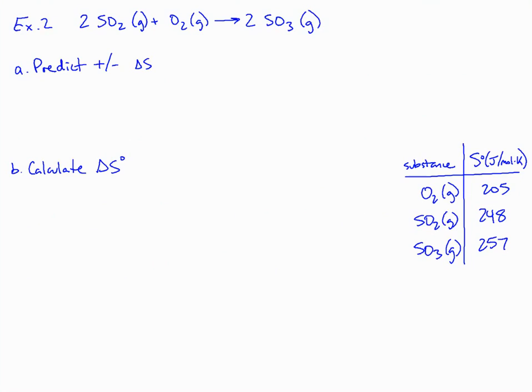In example 2, we're putting some numbers into here. In part A, same idea as last time. Predict whether the change in entropy will be positive or negative for the reaction above: 2 SO2 gas plus O2 gas yielding 2 SO3. Let's go down the list. Temperature, I don't know. Volume, I don't know.